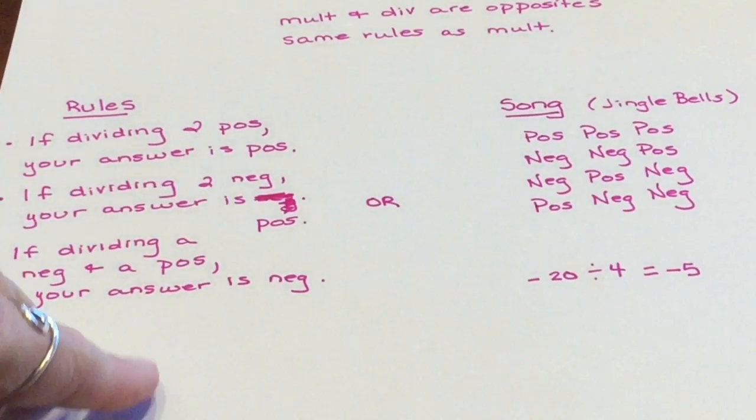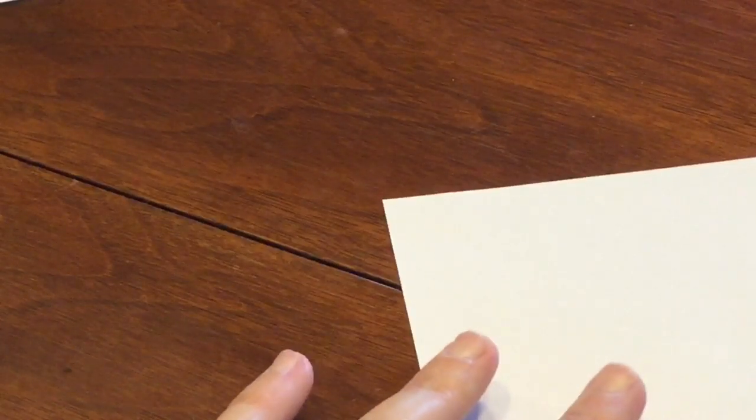Now, let's look at a couple other types of problems because you're going to have some of these on your assignment today. And on these, you're going to be asked to find the average of some numbers. So let's just quickly review how to find the average of something. First, you add up the numbers.